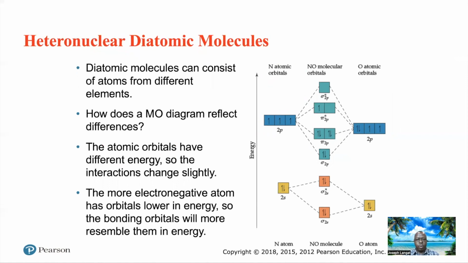A molecule consisting of atoms from different elements is said to be heteronuclear. They may not have the same energy because of the different atoms, but the bonding still follows the same as homonuclear, except that the energy levels are not the same.